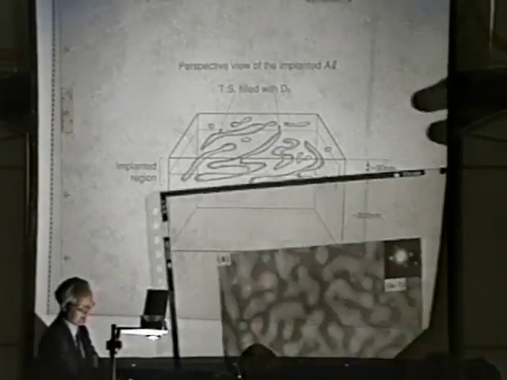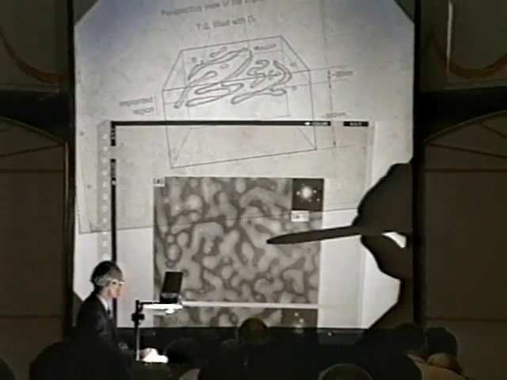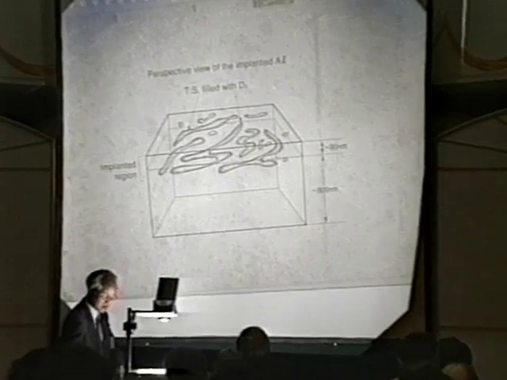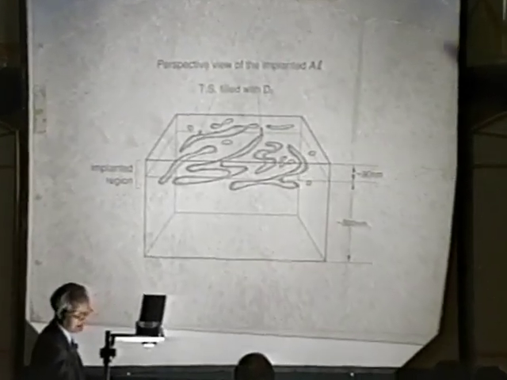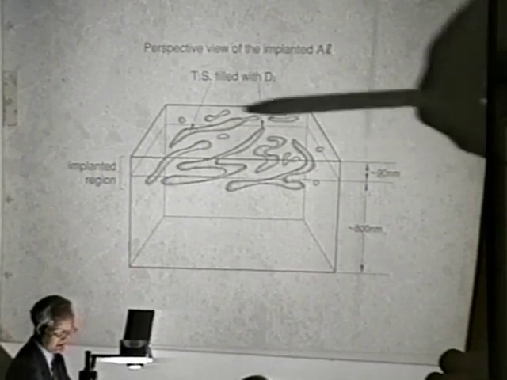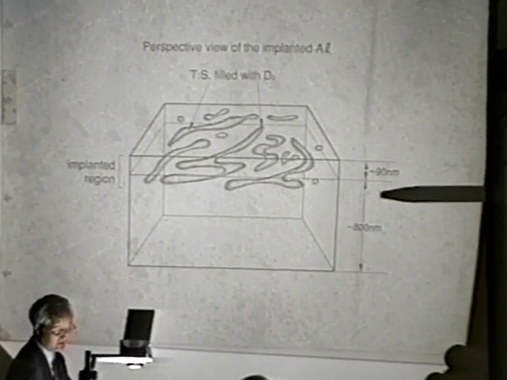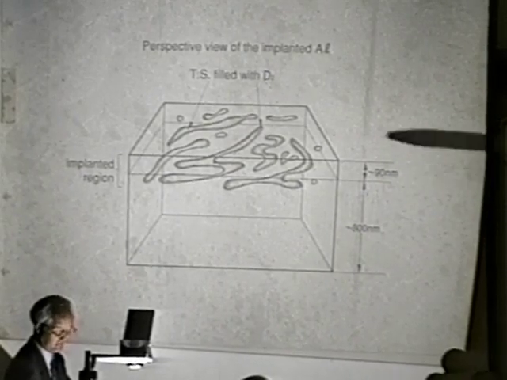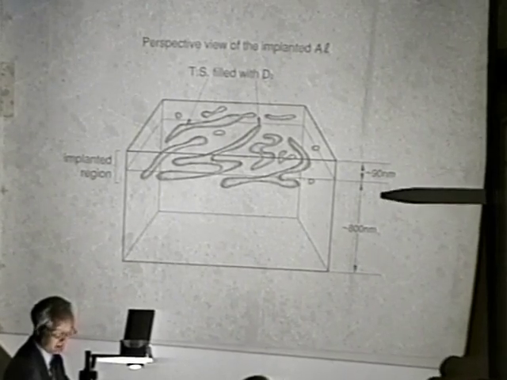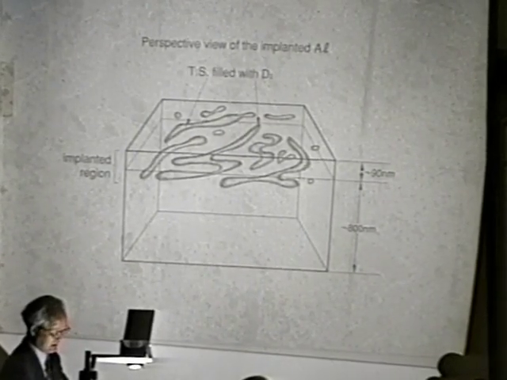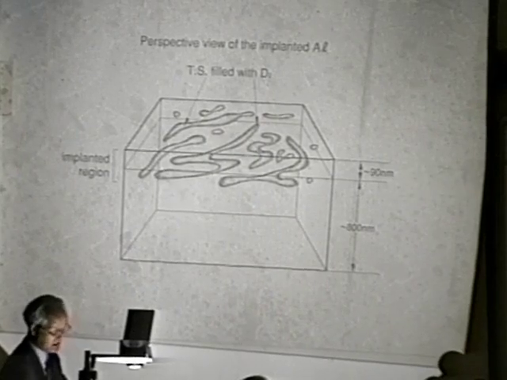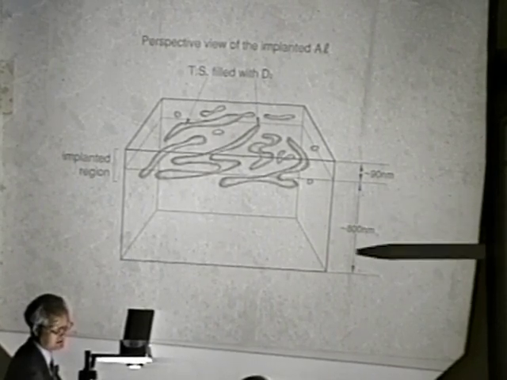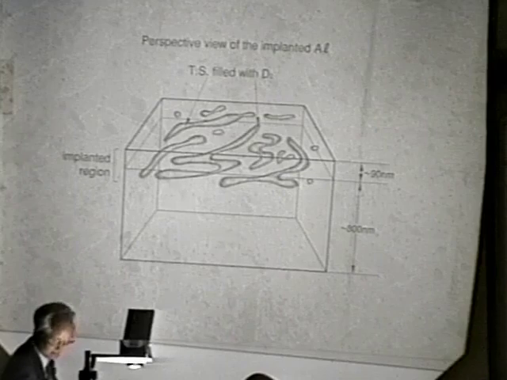It illustrates these bright contrast regions and contains much hydrogen molecules. And this hydrogen molecule tunnel structure is at about 90 nanometer depth. And the deeper part of the specimen is roughly one order of magnitude thicker.